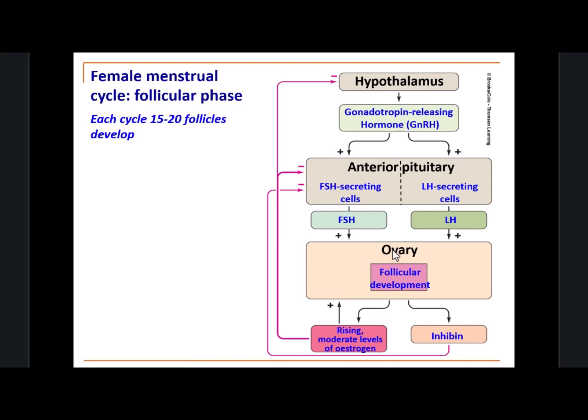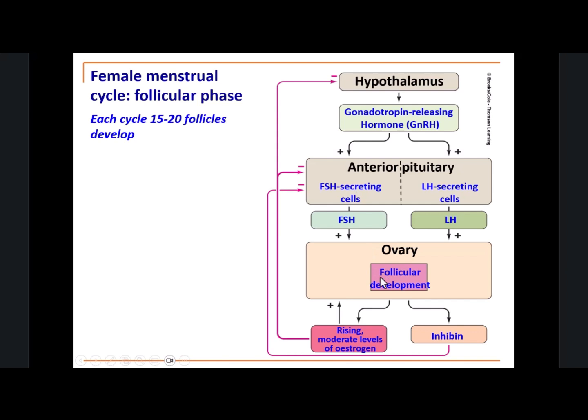As these follicles develop, they produce a couple of hormones, one of which is inhibin, which is produced in males as well. That inhibin goes back and causes negative feedback on FSH. So FSH comes into the ovary, stimulating the follicles to produce inhibin, which then inhibits FSH.